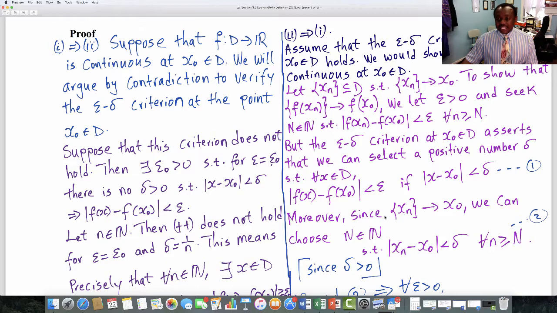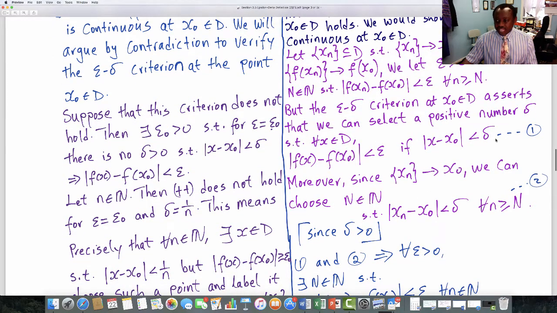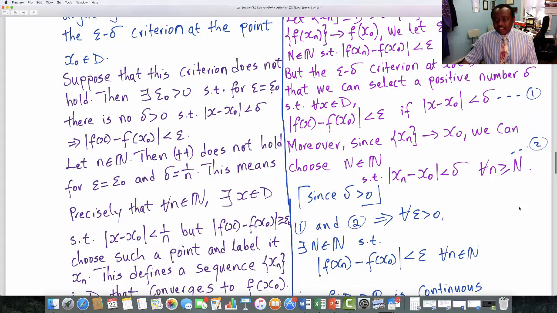Moreover, since xn converges to x naught, we can choose N in the natural numbers such that this inequality here holds, but x is replaced with xn. So we can choose N such that the absolute value of xn minus x naught is less than delta for every n greater than or equal to big N. And that works because delta is greater than 0, and we're using the epsilon N definition, or you can call it the delta N definition in this case.